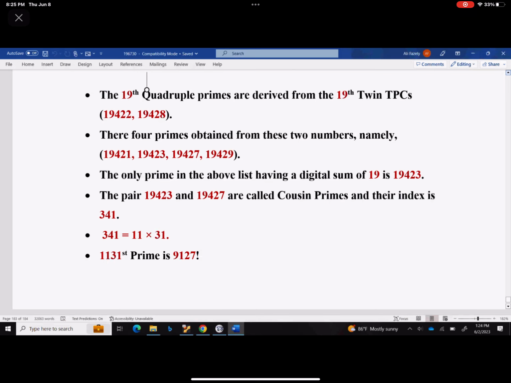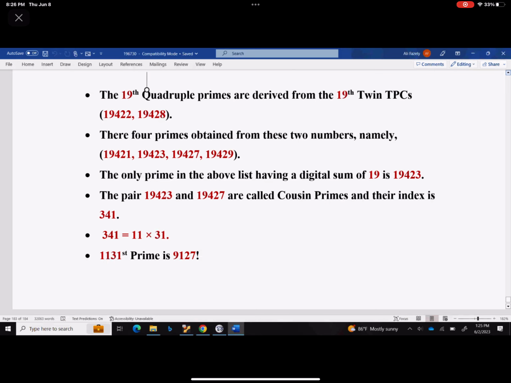So the only prime, as I said, having this unique property, a digital sum of 19, is 19,423. That means if I add 1 plus 9 plus 4 plus 2 plus 3, I get 19.